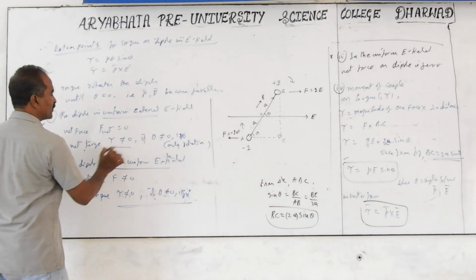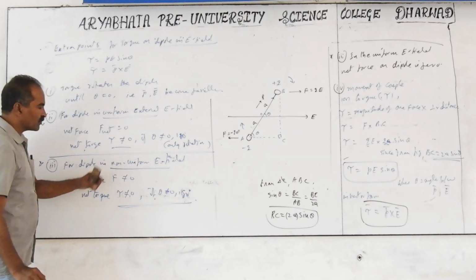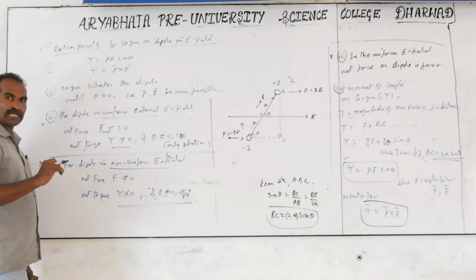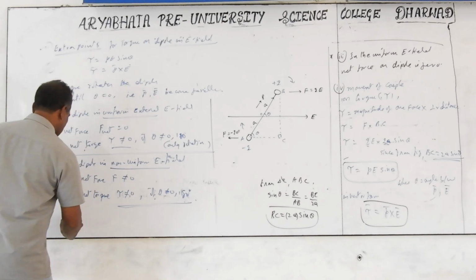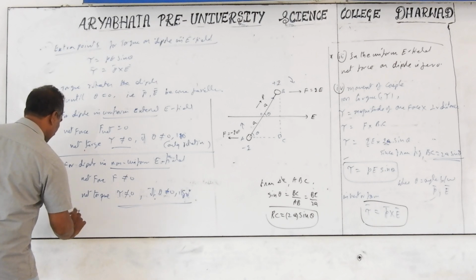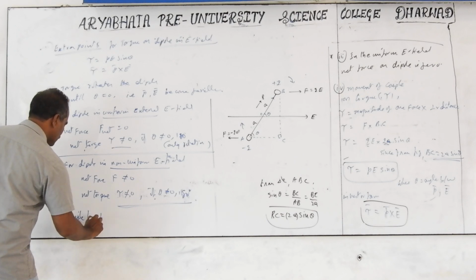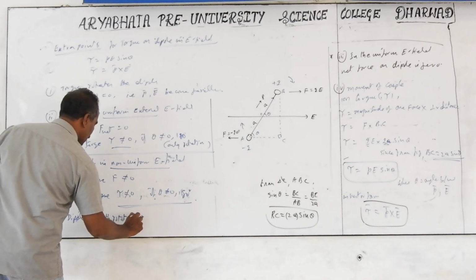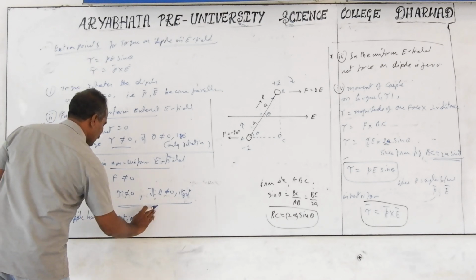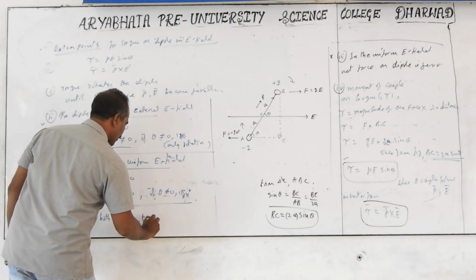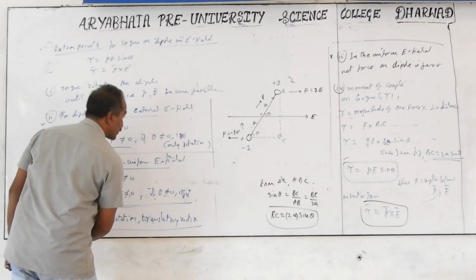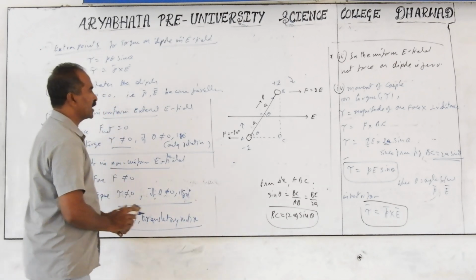When a uniform external field is there, only rotation will be there. But when a non-uniform field is there, force is also there and torque is also there. In this case it has both rotational motion and translational motion. Therefore the dipole has both rotation and translational motion.